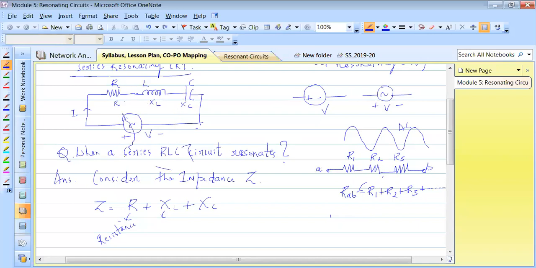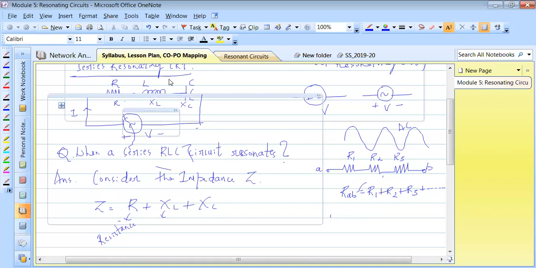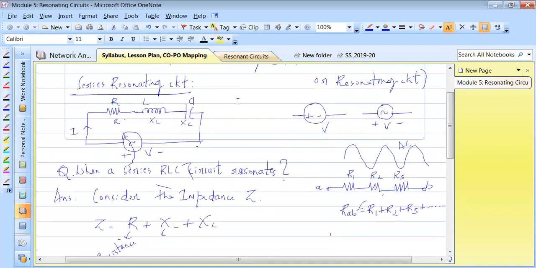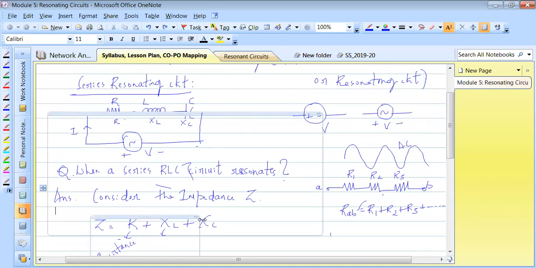You have a resistor, you have the inductor and you have the capacitor. The capacitor and inductor are connected in series. So along with the resistance of the resistor, we need to consider the reactance of L and C also. Everybody understand that? That is why the impedance is written like this.